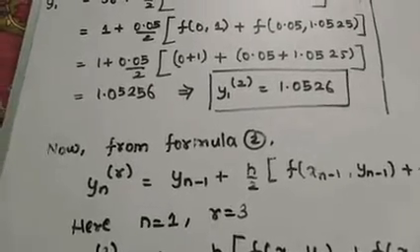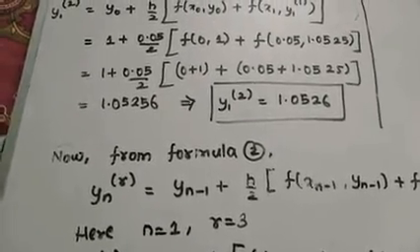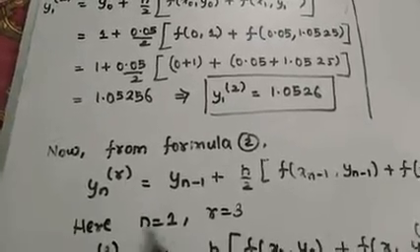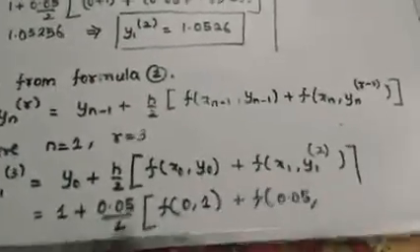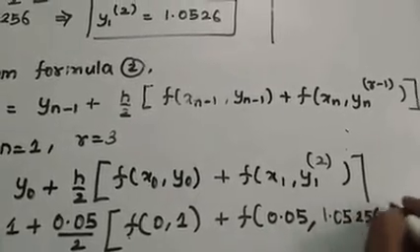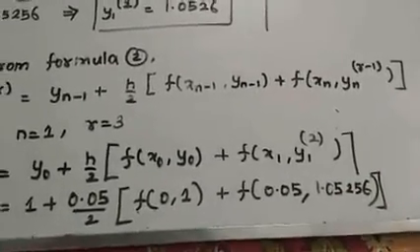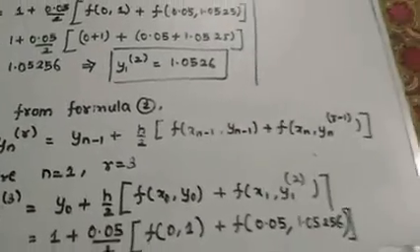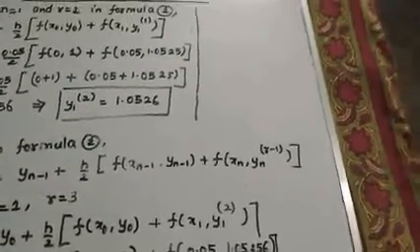Always use the value you got by calculation, not the approximate value. So what is the calculated value? 1.05256. Okay, so now let us put it here and do the calculation.